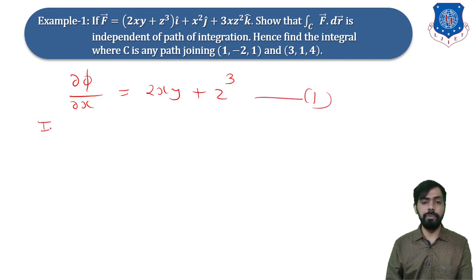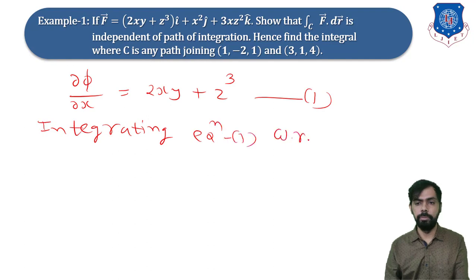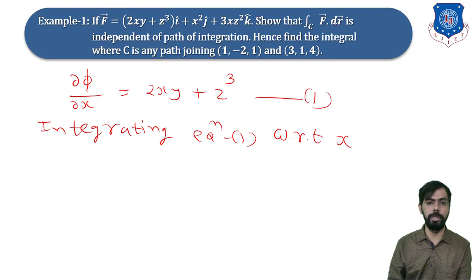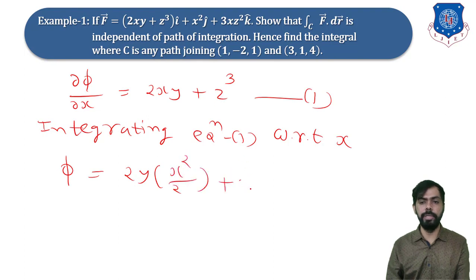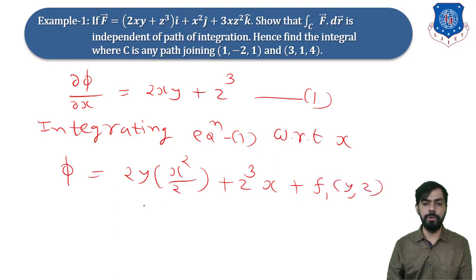Now integrating equation 1 with respect to x, the integration of del phi by del x will be phi, and here 2y will be as it is, and the integration of x with respect to x will be x square by 2, plus z cube will be as it is, and the integration of 1 dx will be x, plus a constant, that means some function of y and z. If we simplify this, the 2 cancels out, so this will be x square y plus xz cube.